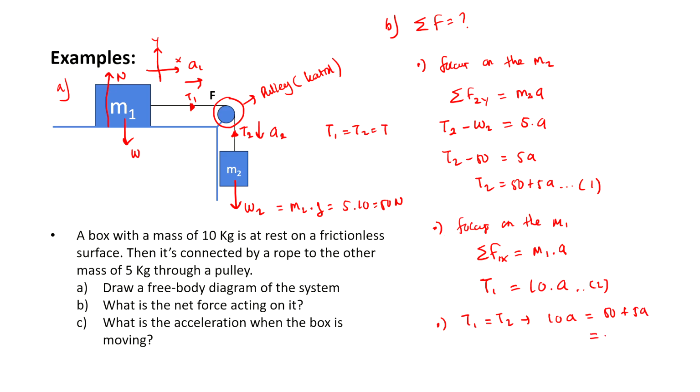Then we move 5a to the left side, so a will be equal to 10 meters per second squared. This is the acceleration actually. So we have already answered the C questions.